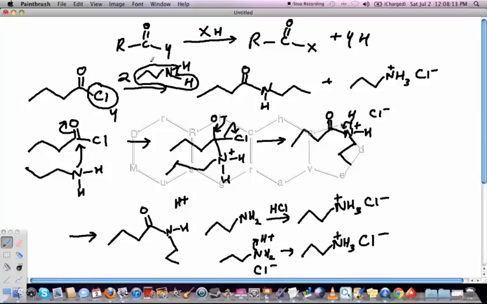There we go, there's our X group. And here is the X group here, replacing the Y. And the Y group is actually going to be the YH, is actually going to be HCl. But the HCl reacts with the second equivalent of the amine, and that's how we get the second product here.